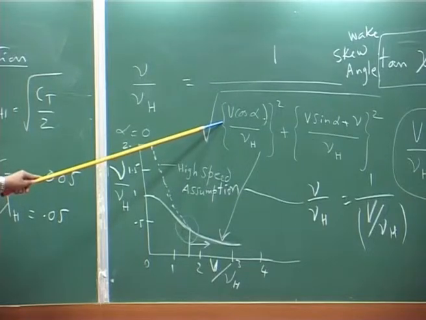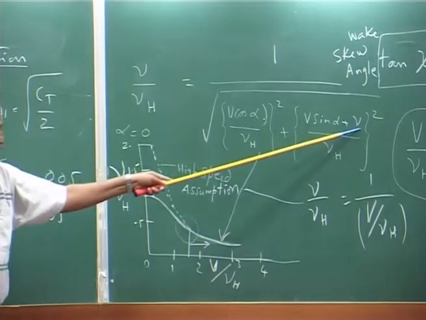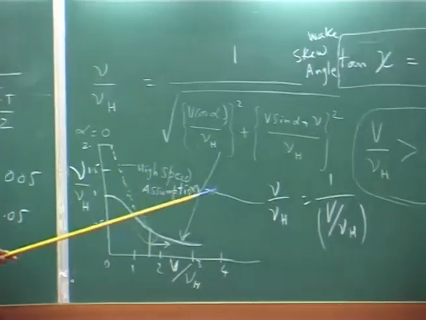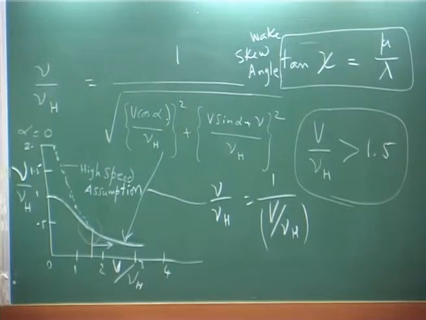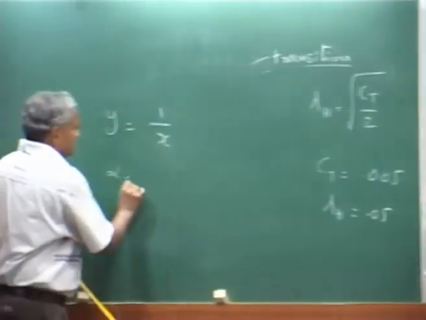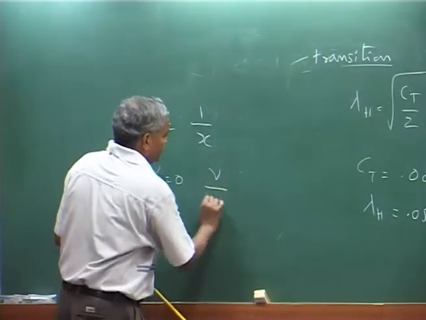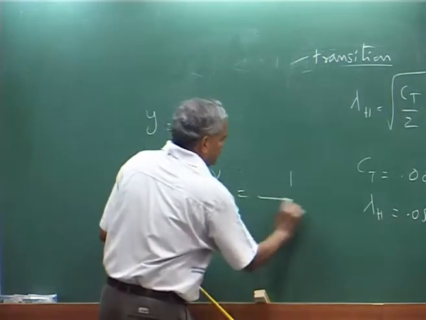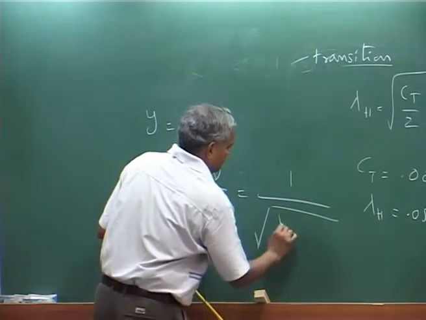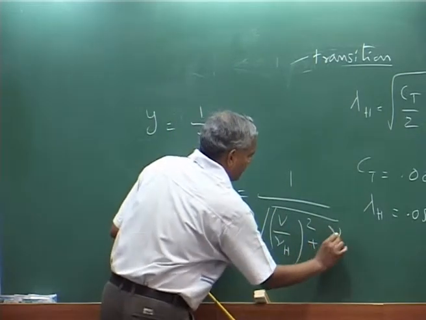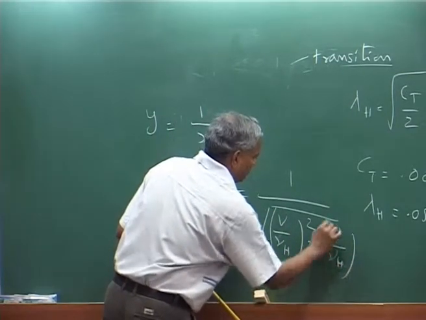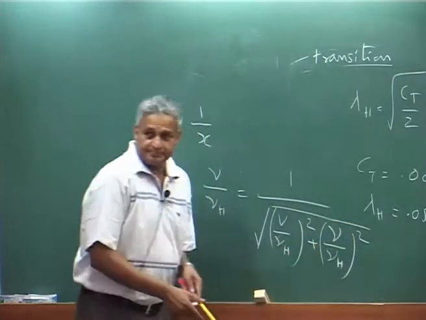I don't make an assumption that my nu is much smaller than V cos alpha or anything like that. The only thing is alpha equal to 0, because I have to assume some alpha. I took that 0 value, and I am getting inflow purely from this equation. That is, when alpha is 0, my inflow will be, right.